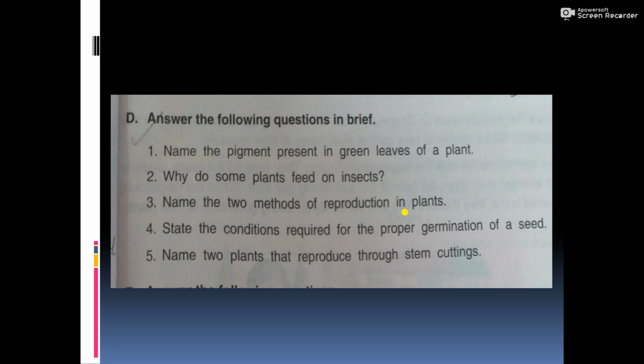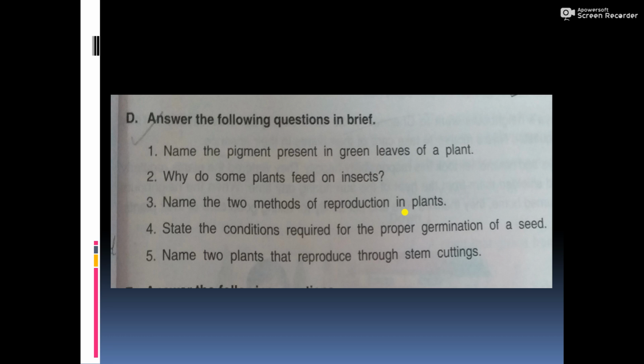Fifth question is, name two plants that reproduce through stem cutting. The two plants I have shown you are bougainvillea and rose. These two plants reproduce by cutting of the stem. You can take the example of sugar cane also.